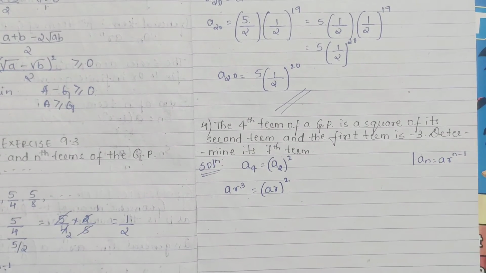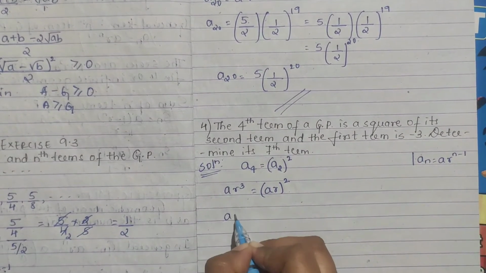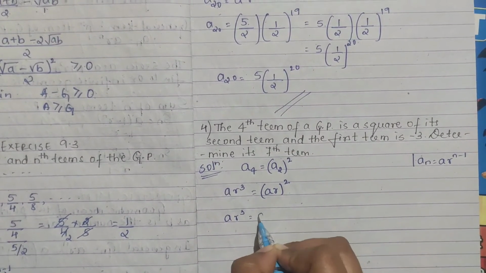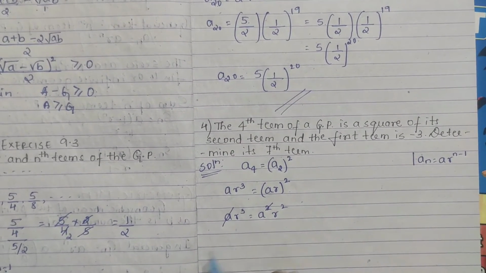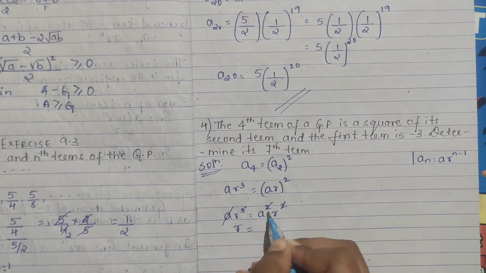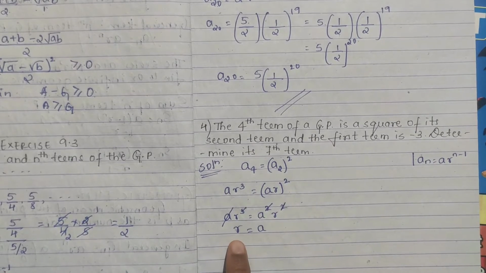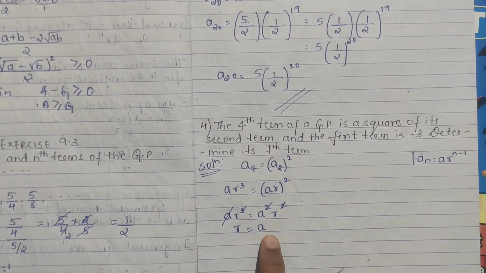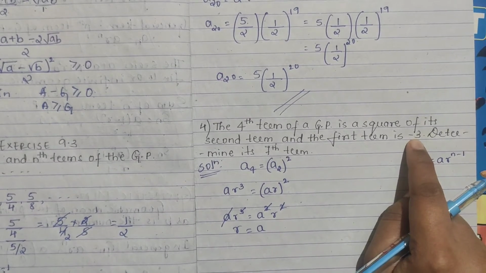We are making use of our formula. So A R cube equals A R whole square, which I can write as A square R square. So one A gets cancelled, R square and one R get cancelled. So here remaining is R and here remaining is A. So from this you can see we have developed a relation that R is equal to A, and already the first term they have given. First term means our A is given as -3.